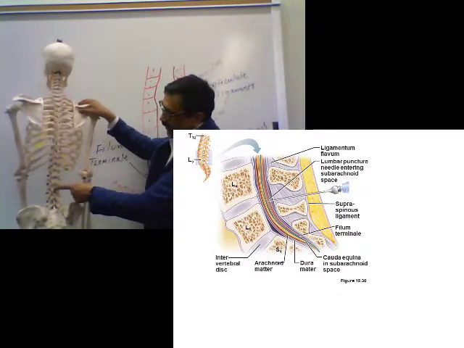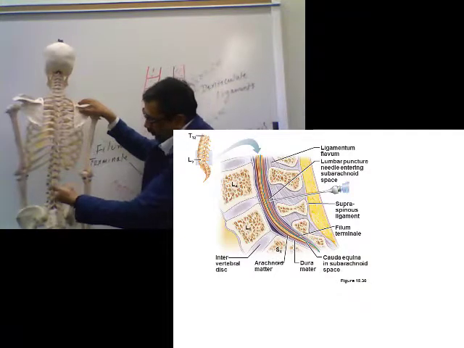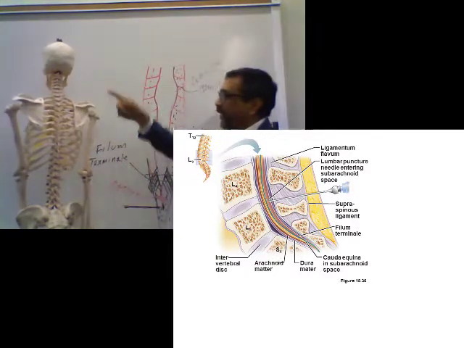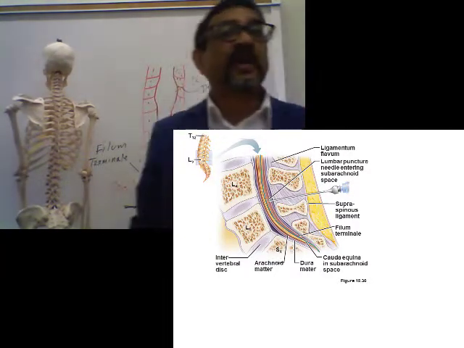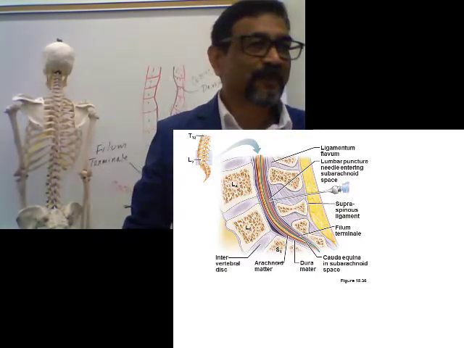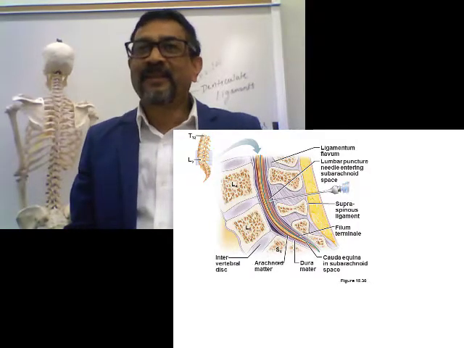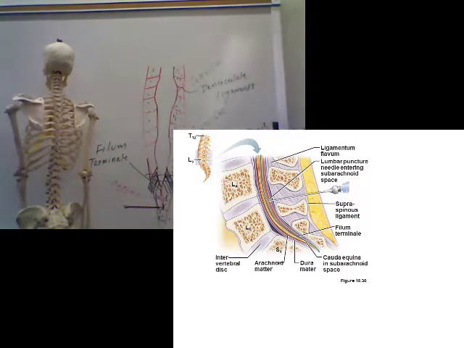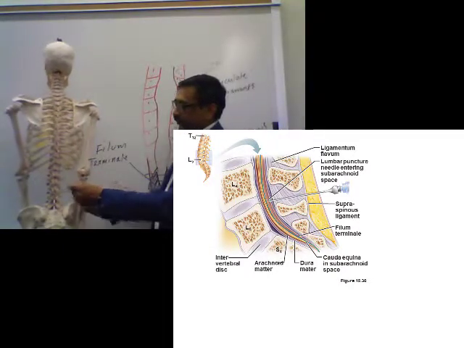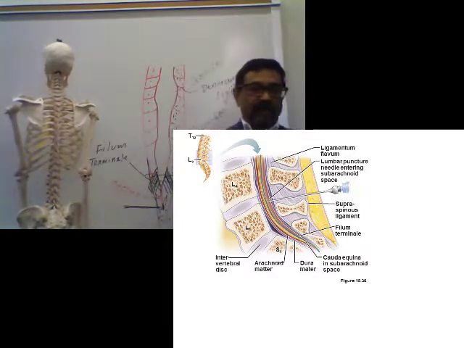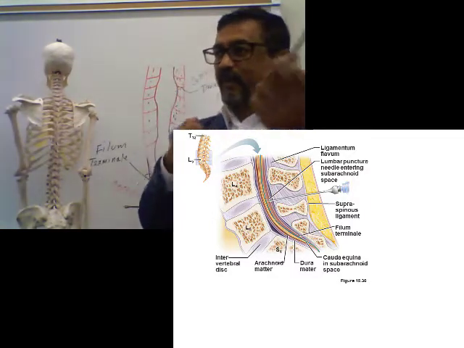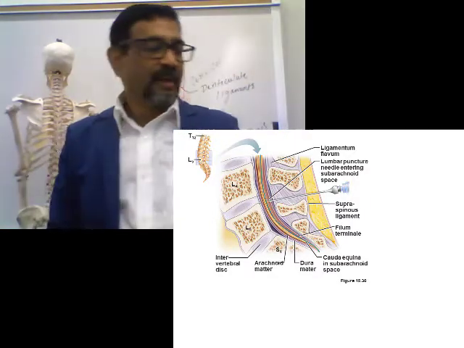So you can easily feel these spinous processes and insert the needle through the opening. That's the lumbar puncture. Are you trying to feel it? Make sense? So through these openings, we draw the cerebrospinal fluid from there, which is safe.